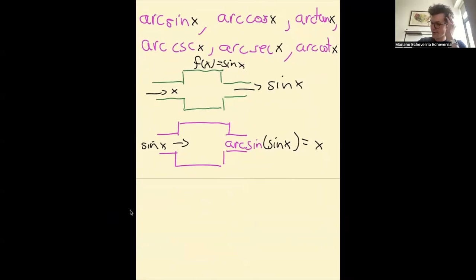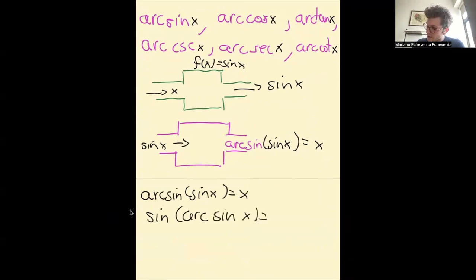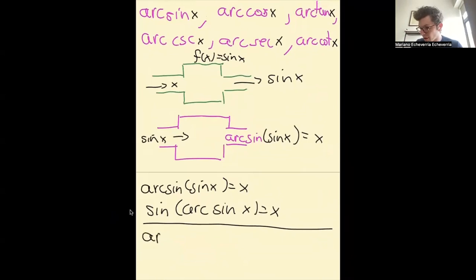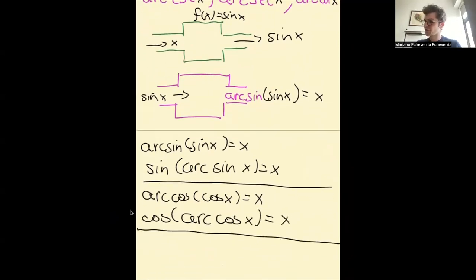So again, you end up having arc sine of sine of x equals x, or sine of arc sine of x equals x, and then you know that you have arc cosine, and cosine of arc cosine of x equals x, and then you have the same for the others.